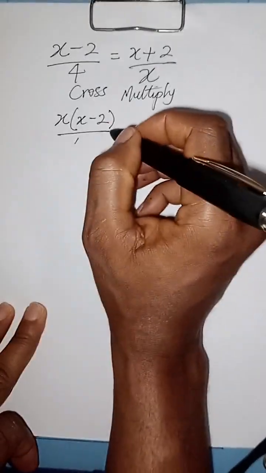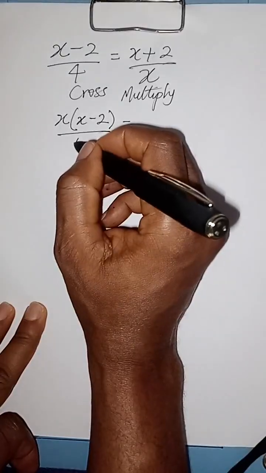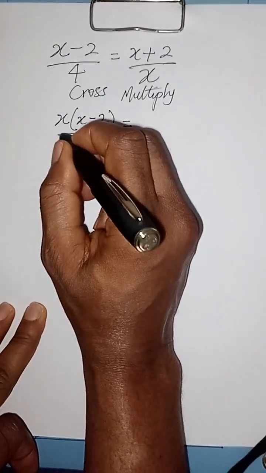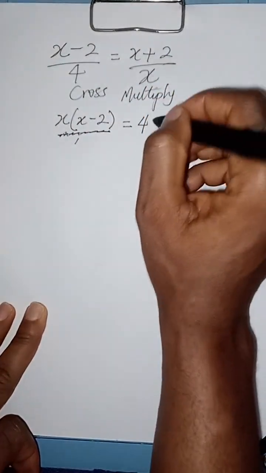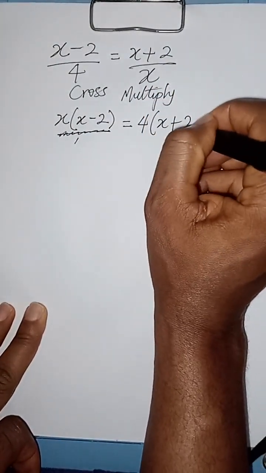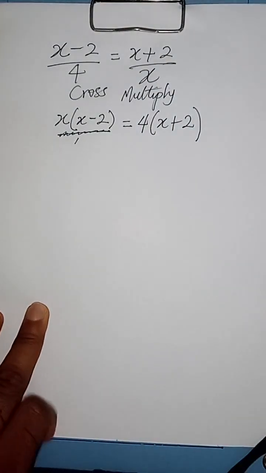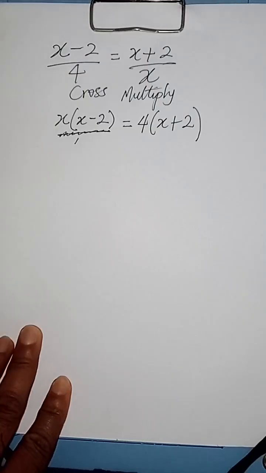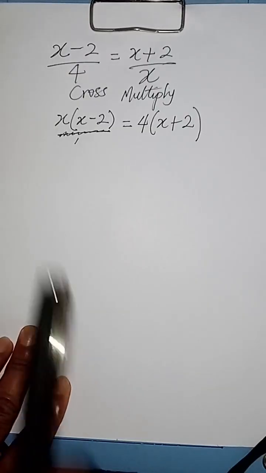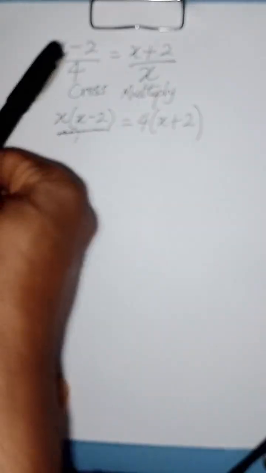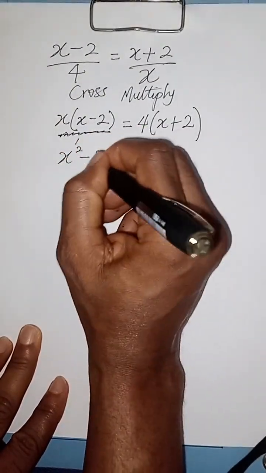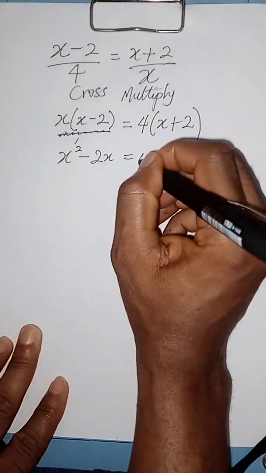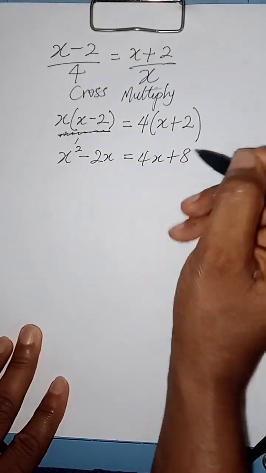And this is equal to, so there will be no need for me to write a 4 here. Sorry about this. The 4 will go and multiply x plus 2. Okay, so my cross multiplication is achieved. That is it. So that's 4 multiplied by this, the x multiplied by this. So we can expand to x squared minus 2x, and this is 4x plus 8.